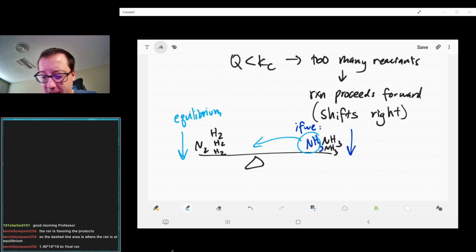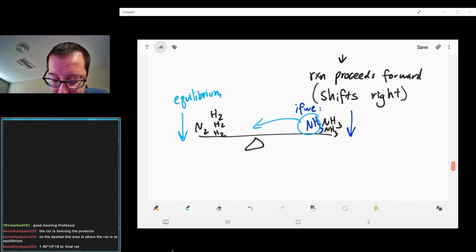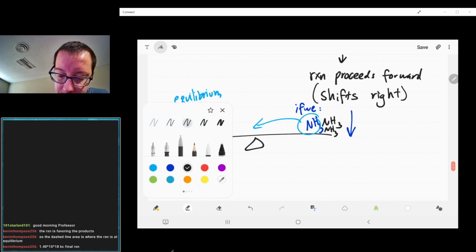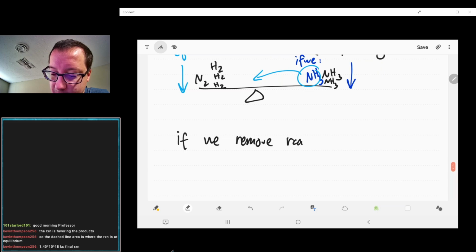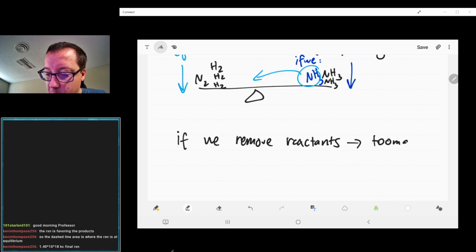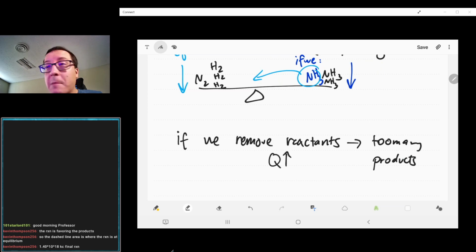We're going to see the same thing happen if we do it the opposite way. If we remove reactant, that means we have too many products. We could also say that that's going to make Q go up.